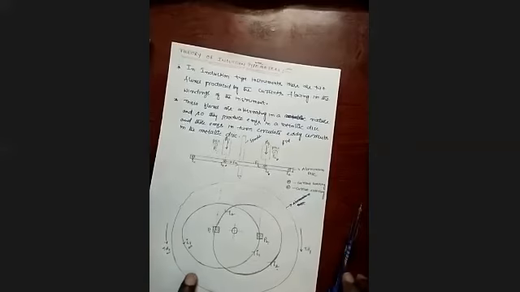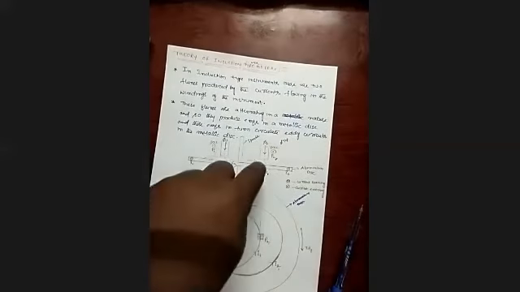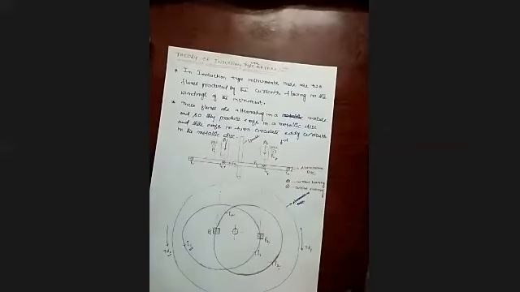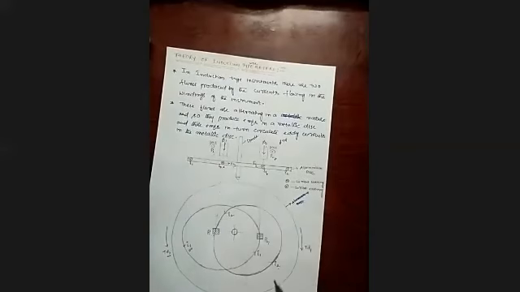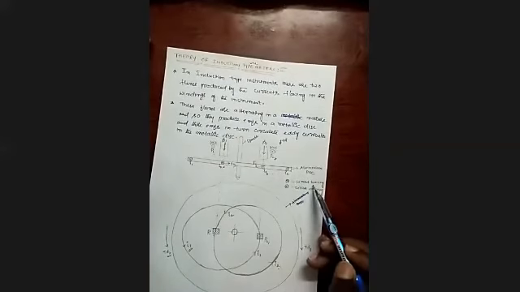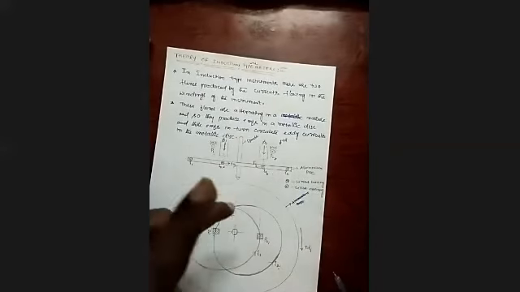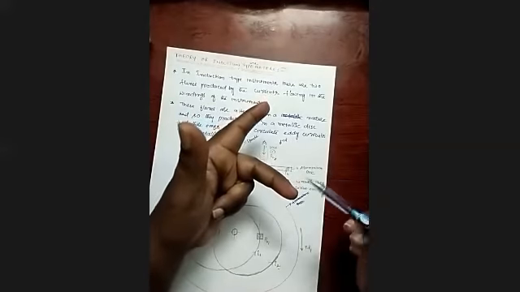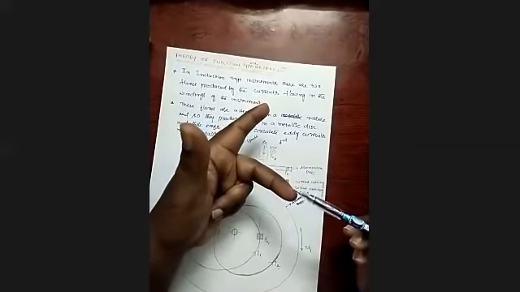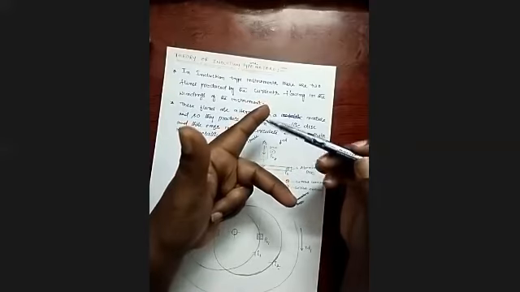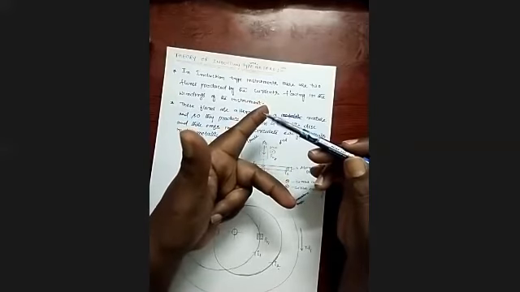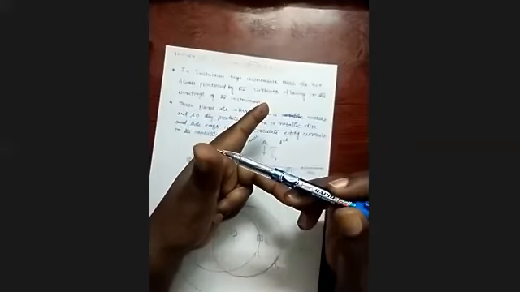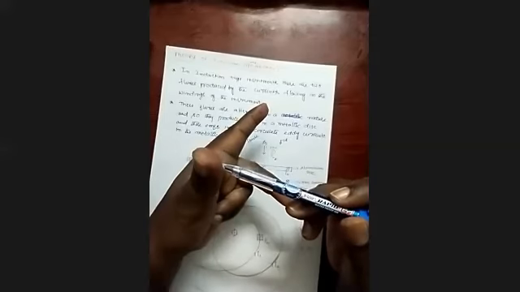Similarly, I am applying Fleming's left hand rule at this point. Here the current is leaving. In Fleming's left hand rule, the middle finger indicates the direction of the current, the forefinger indicates the direction of the magnetic field, and the thumb indicates the direction of the force.